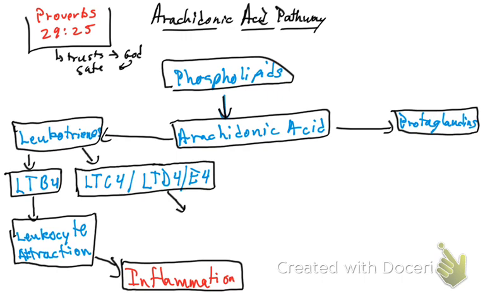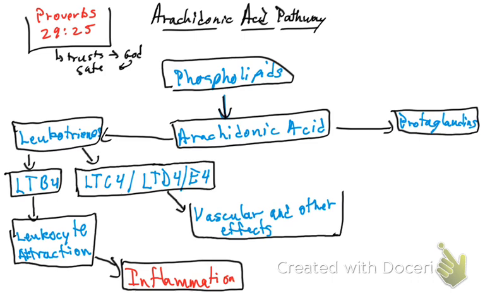So leukotriene C4, D4 and E4 cause vascular and other effects, and then these vascular and other effects are going to cause inflammation. Got it?